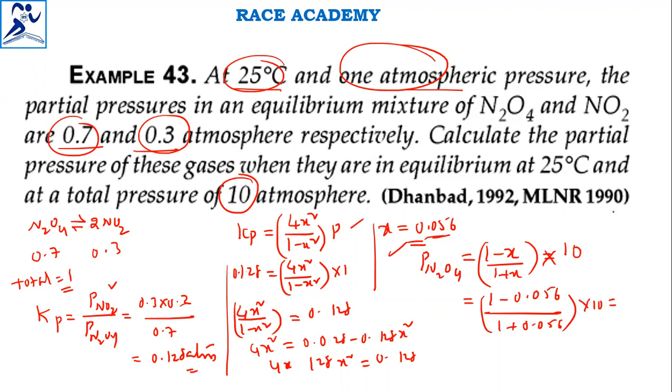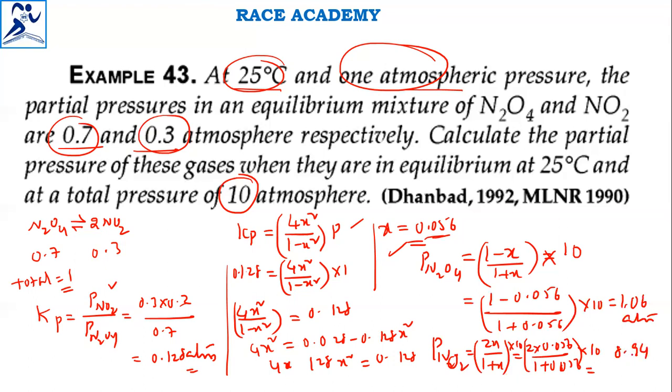So that value I've got, that is 1.06 atmospheres. Similarly, partial pressure of NO2 value is coming as 2x by 1 plus x, that is 2 into 0.056 by 1 plus 0.056 into 10. Partial pressure is mole fraction into total pressure 10 only. So mole fraction to total pressure.